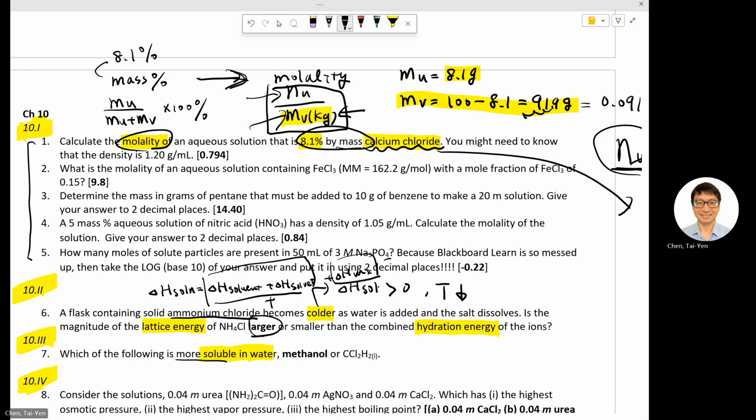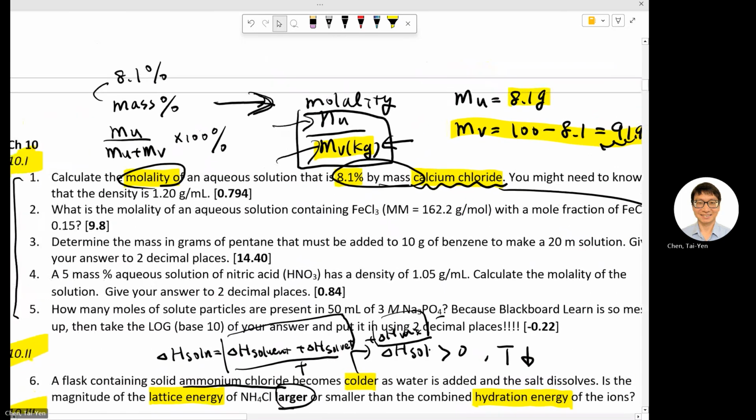Okay, so we went through question number 1 last time, right? In the first question, the keywords are molality and the mass percent, right? So you have a known mass percent, and you want to convert it into the molality, right?